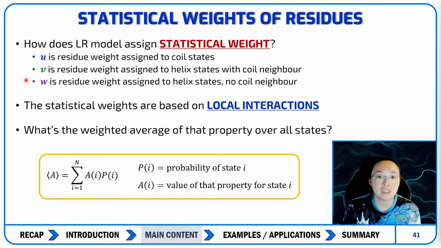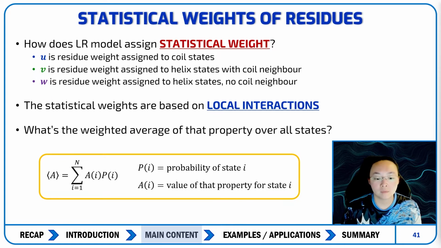We call V the residue weight assigned to helix states with a neighboring coil state. Then we have W, the residue weight assigned to a helix state without a coil neighbor. Therefore, we have 3 different options between adjacent monomers. We have CC for coil states, we have CH, which gives us the V residue weight, and then we have HH, which gives us W.